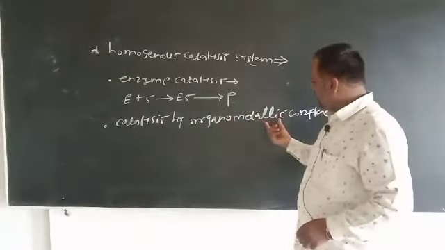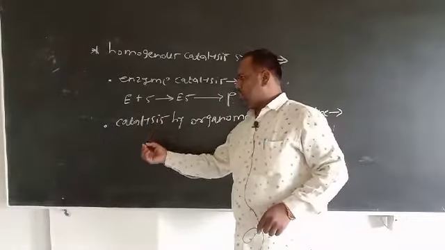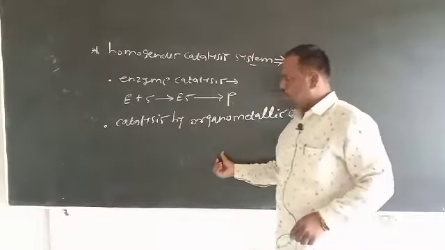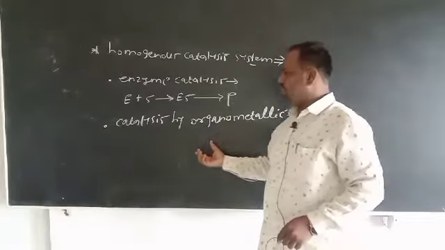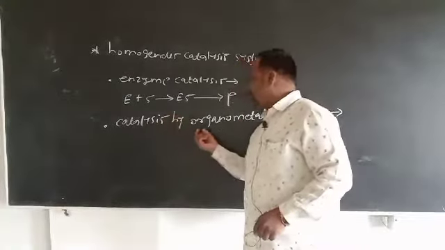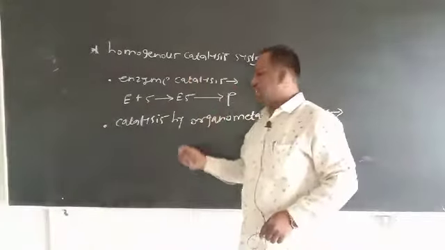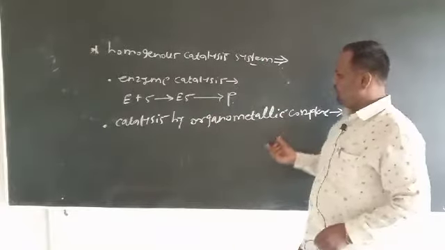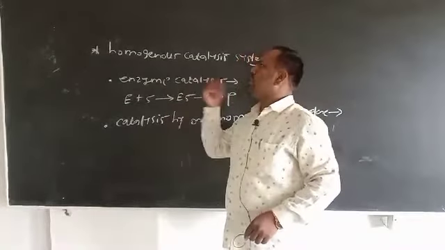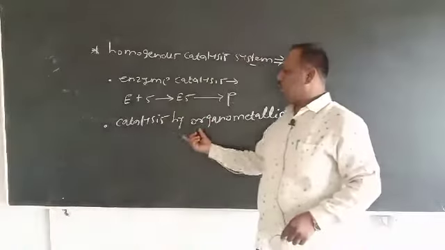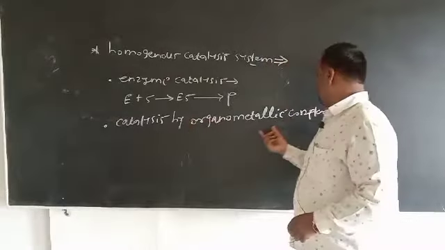These organometallic complexes are used in reactions to convert the reactant into the products. We will see which complexes are used as homogeneous catalysts in this system. A metal atom attached to ligands is used as a catalyst, and it is also an important system in homogeneous catalysis.